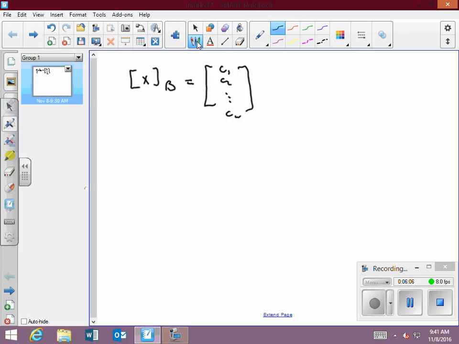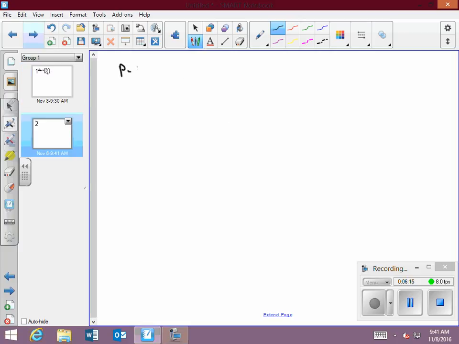All right, so let's look on page 159, number 2. It says find the vector x determined by the given coordinate vector x sub B and the given basis B. Illustrate your answer with a figure.